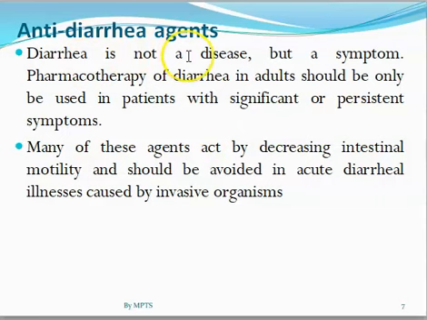Now, let us look at the increased motility or the diarrhea agents. Diarrhea is not a disease, by the way, but a symptom. Pharmacotherapy of diarrhea in adults should only be in patients with significant or persistent symptoms. Something is causing it. Many of the agents act by decreasing GIT motility, however they should be avoided in acute diarrhea, because you may give anti-diarrhea agents like Imodium when the patient has an irritation in the GIT.